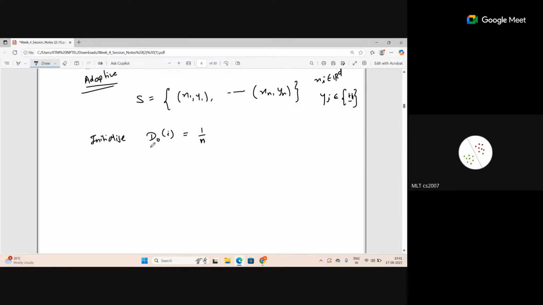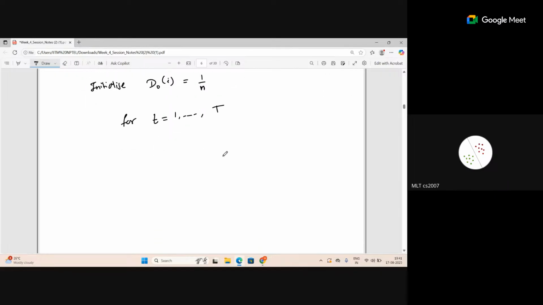Now you do the iterations for t equal to 1 to T, and ht is a decision stump, a weak learner.